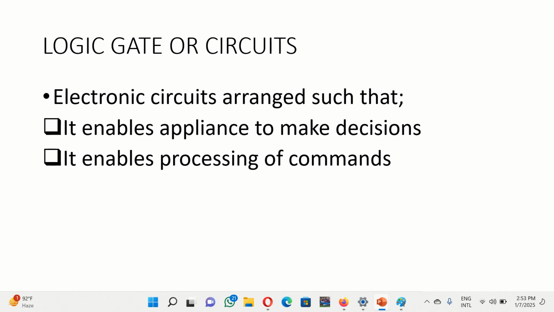So this means that there is a series of connections that are made to bring about this appliance processing your command, and that is logic gate or circuit.